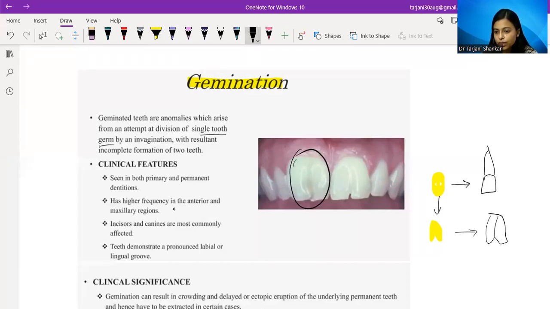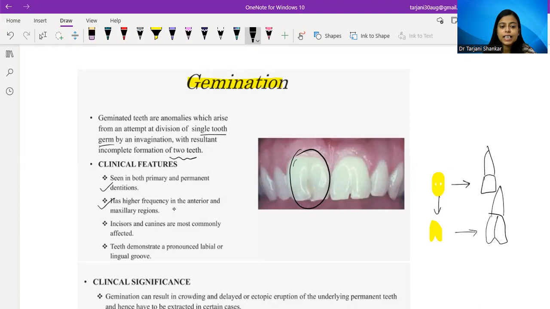Can you see it? Correct? So that will result in incomplete formation of two teeth. Clinical features: it is seen both in primary and permanent dentition, has a higher frequency in the anterior maxillary region. So usually the anterior teeth of the maxillary region are more affected.